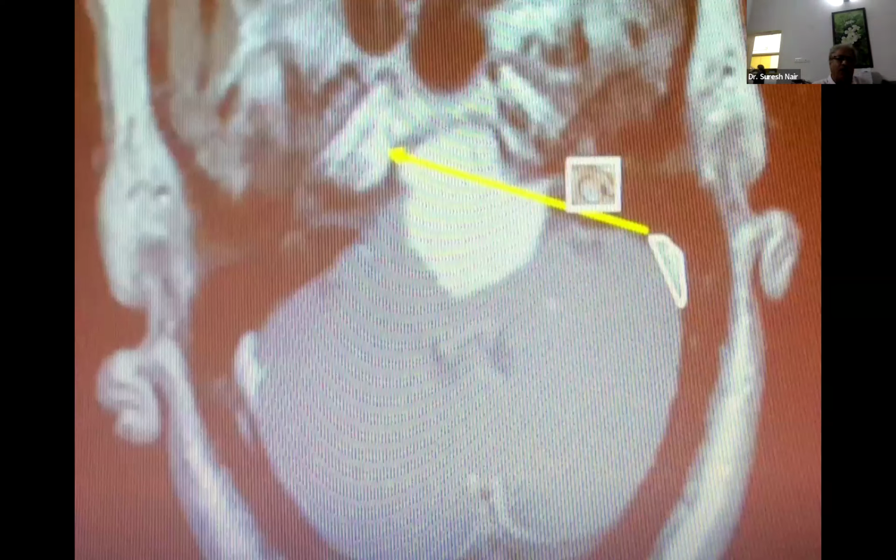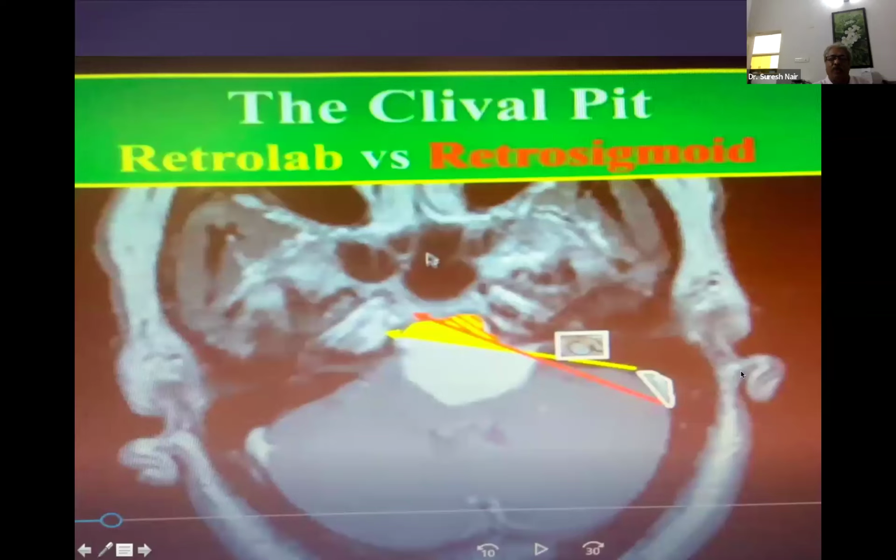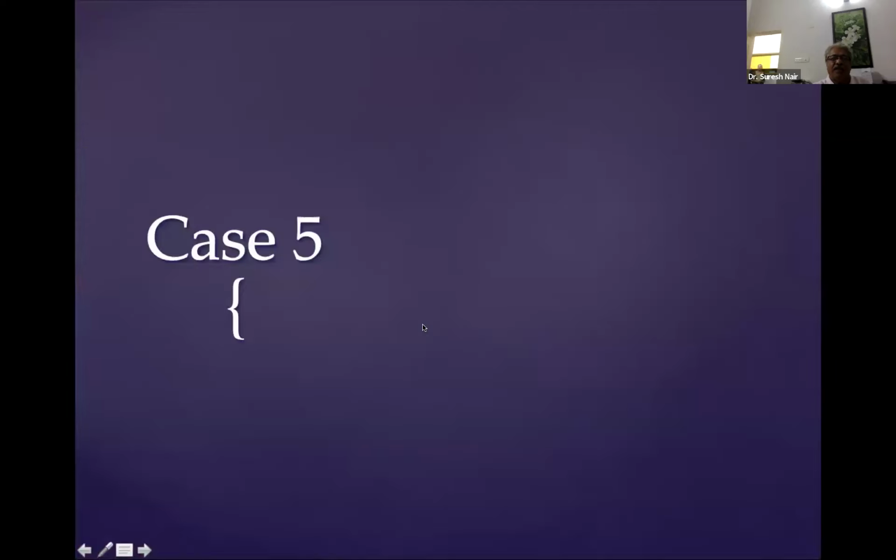This is what I was talking about, the K.V.L pit. If you go through a presigmoid approach, with the sigmoid sinus, you cannot actually see this tumor. These days you can see with an endoscope, but with the microscope it was difficult to see the K.V.L pit. If you do a retrosig approach, you can take that out also.